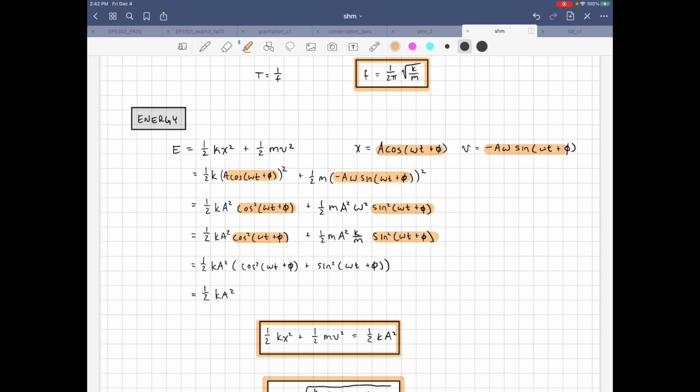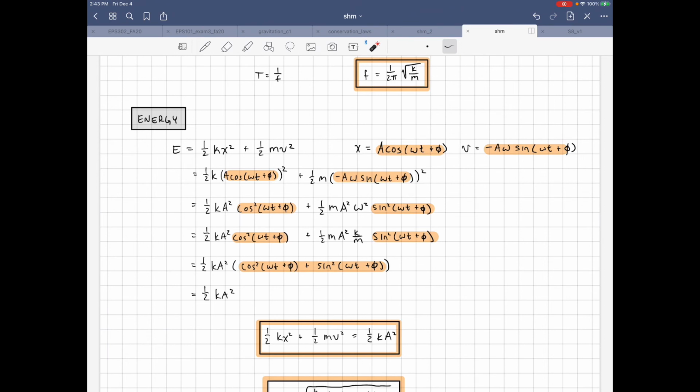Now what I'm going to do is notice that I've actually got m and m here. So I've actually got 1/2 kA squared in both terms, so I can factor that out. And I still have the cosine squared plus the sine squared. Well, that turns out to be equal to 1.